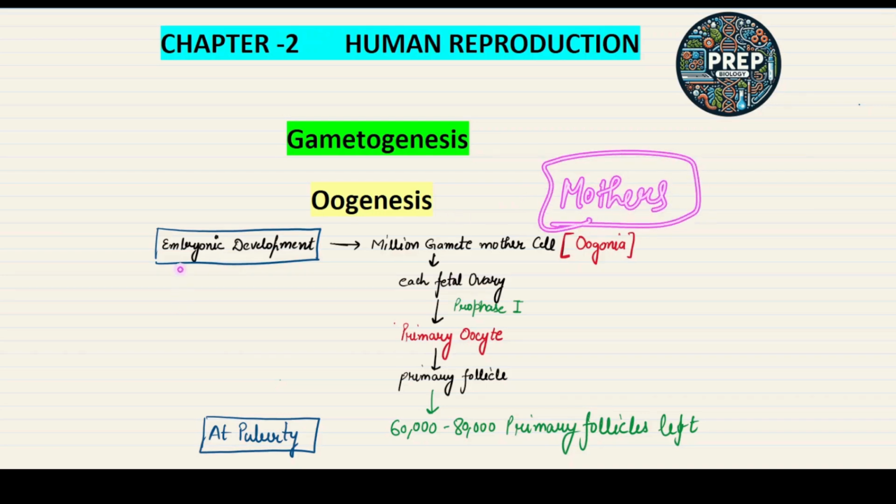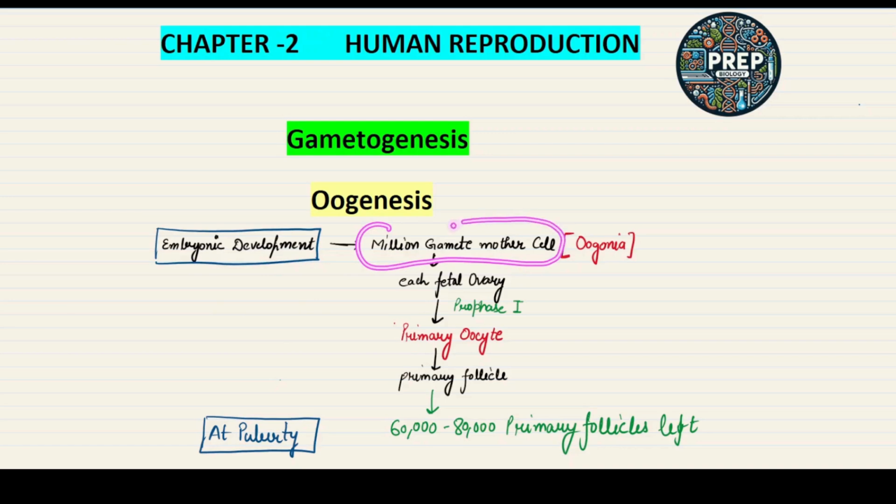Okay, so during the embryonic development, when a girl is in the womb of the mother, during the fetal development, millions of gamete mother cells will form in the ovary of a girl. Those gamete mother cells are called the oogonia.